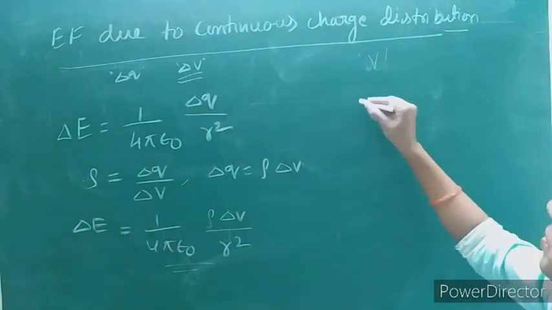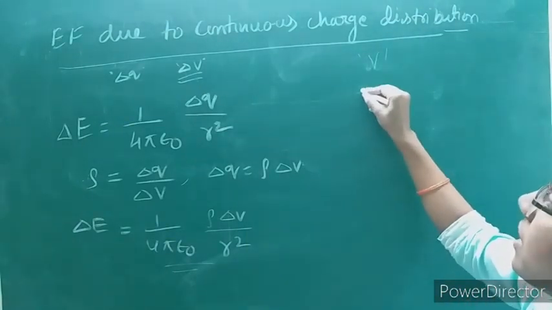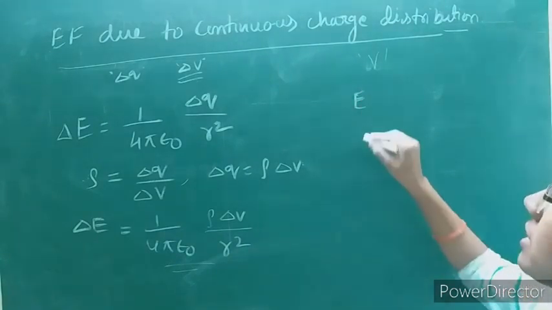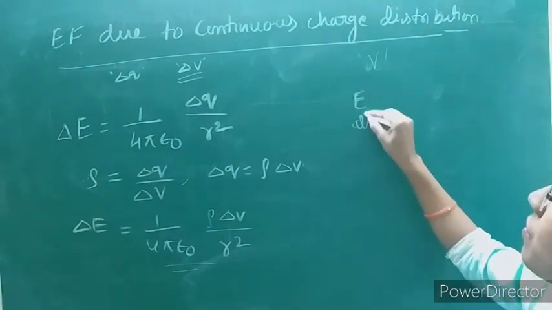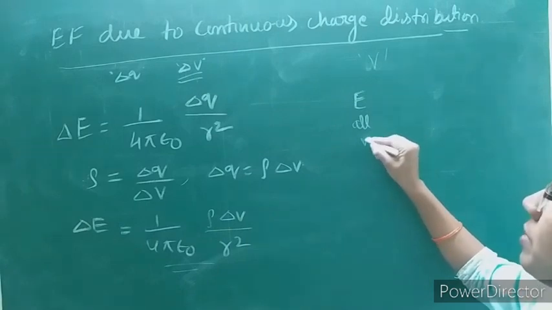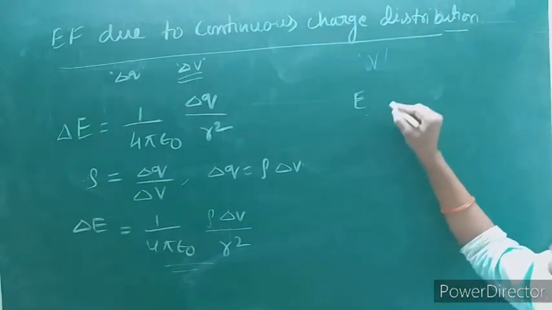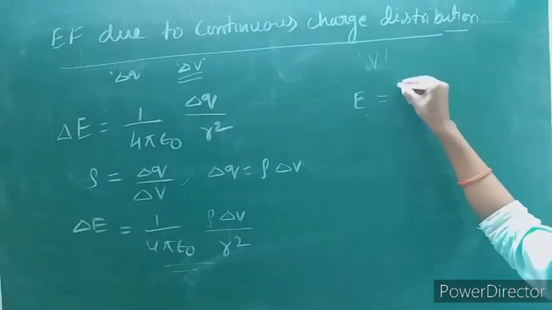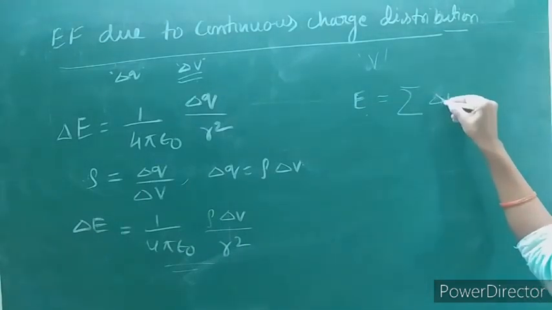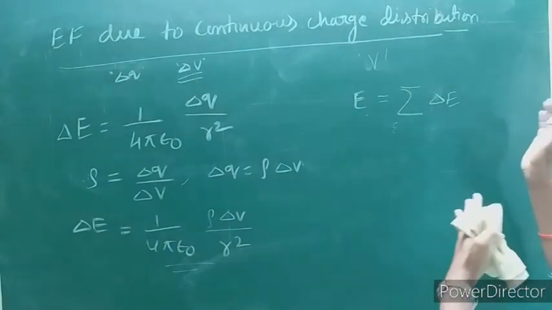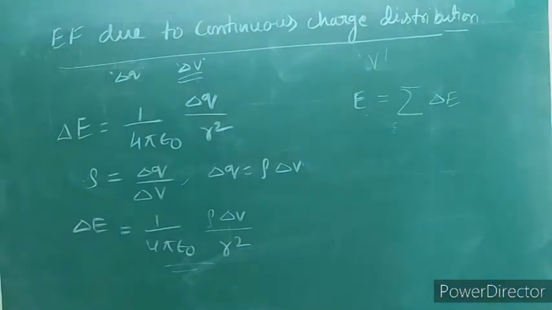So according to the superposition principle, the total electric field due to the entire volume, I mean all volume elements, all delta V's, is given by E is equal to the summation of the electric fields due to the individual small volume elements.